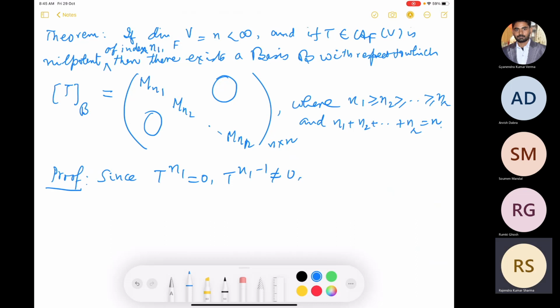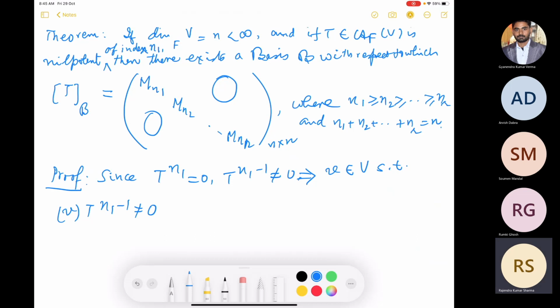So there exists a vector, let us say v, in V, such that v T^(n1 minus 1) is not 0.